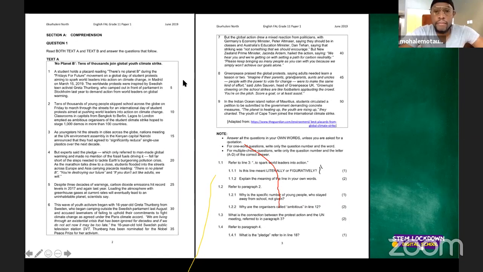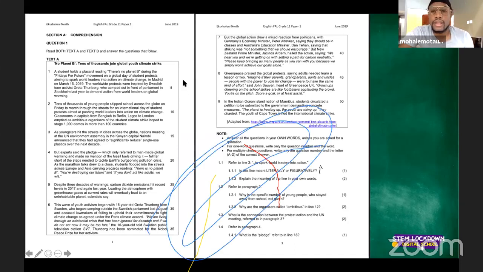But New Zealand Prime Minister Jacinda Ardern hailed the action, saying, "We hear you and we are getting on with setting the path for carbon neutrality. Please keep on bringing as many people as you can, because we simply won't achieve our goals alone." Greenpeace praised the global protest, saying adults need to learn a lesson too.